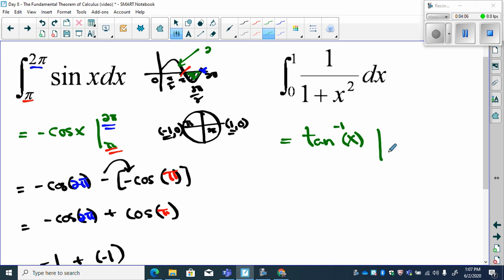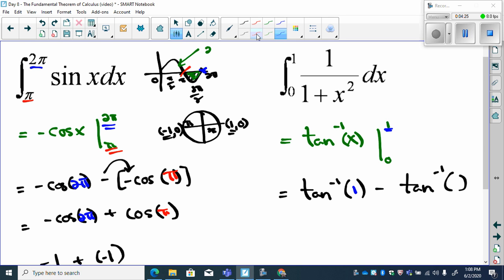Antiderivative where c is 0, and I'm going from 0 to 1. So to calculate this, I'm going to do the inverse tan of 1 and subtract the inverse tan of 0. So the 1 goes in first, the 0 goes in second, and we solve.